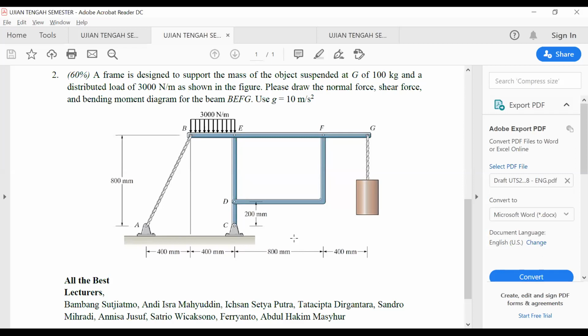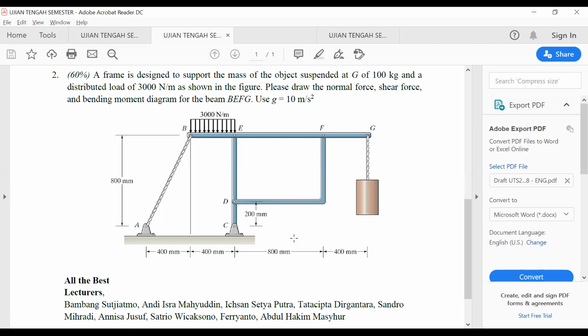In total, the number of unknowns you will get is 6: FAB, FDF, EX, EY, CX, CY.